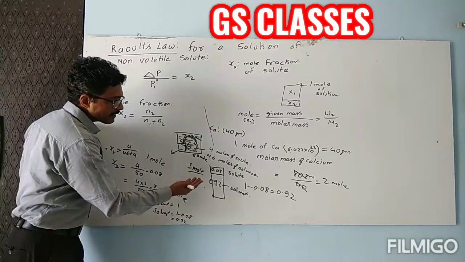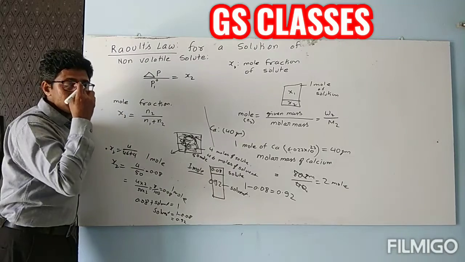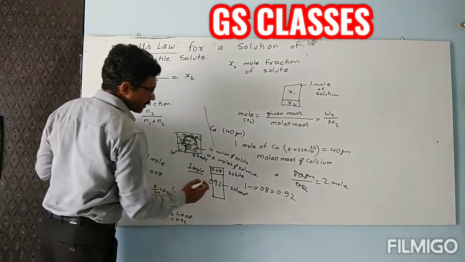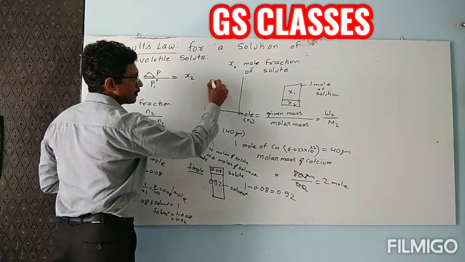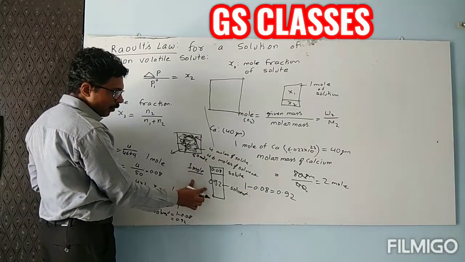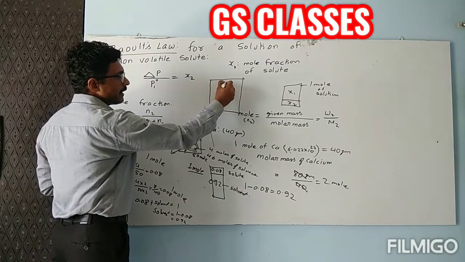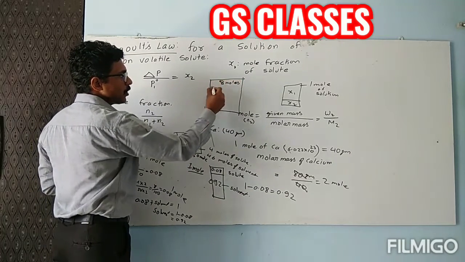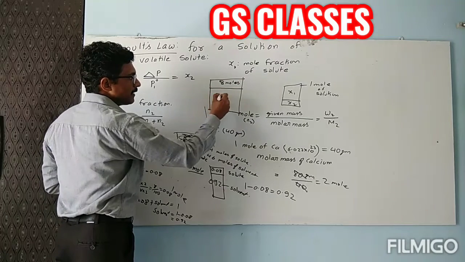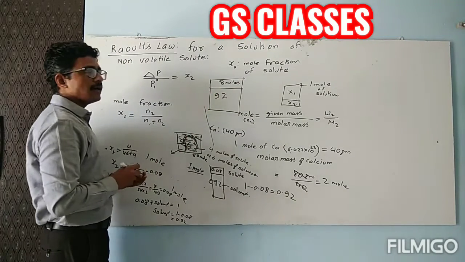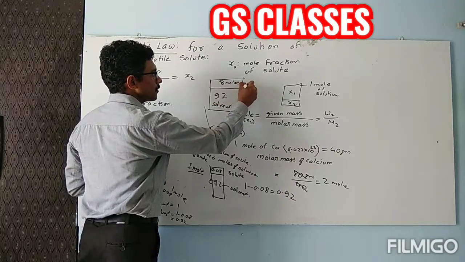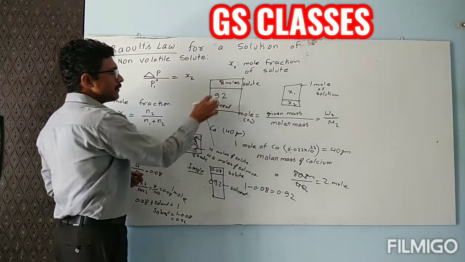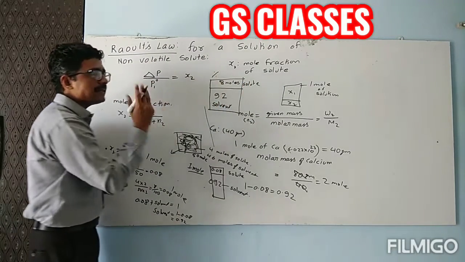If you calculate it for 100 moles, let's make it more clear. If I am calculating for 100 moles, then every 100 moles will contain 8 moles of solute and 92 moles of the solvent. Here we are talking in terms of percentage.